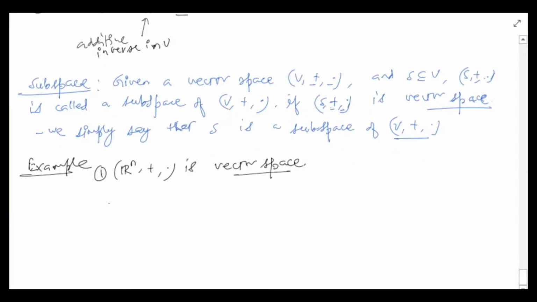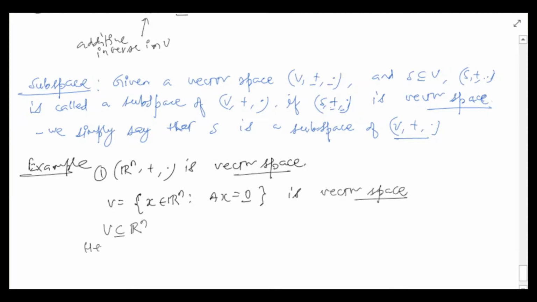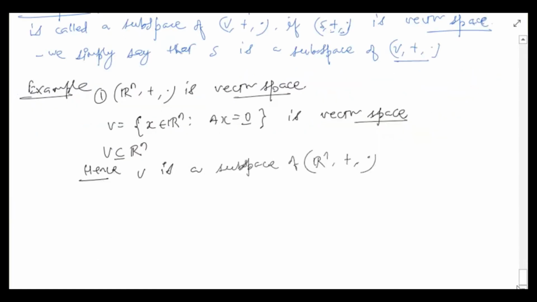We also saw that V, which is defined as the collection of x in Rn such that Ax is the 0 vector, is a vector space. Clearly, V is a subset of Rn, hence V is a subspace of Rn plus dot. Okay.